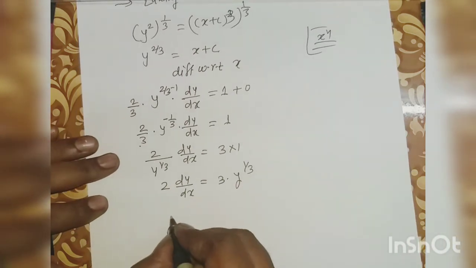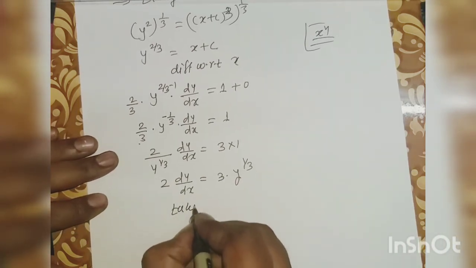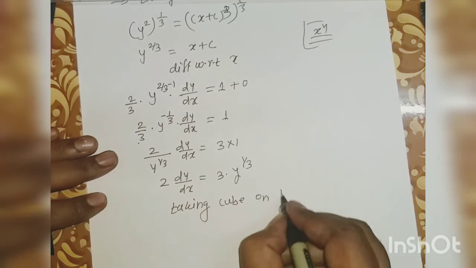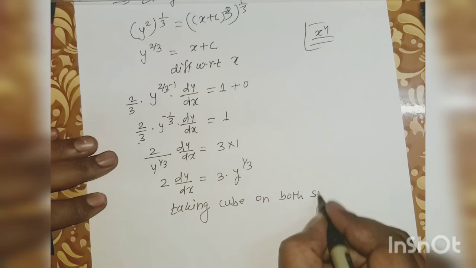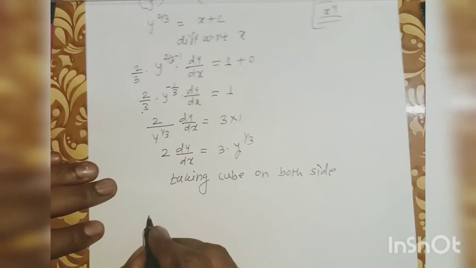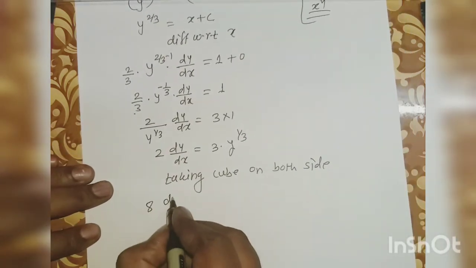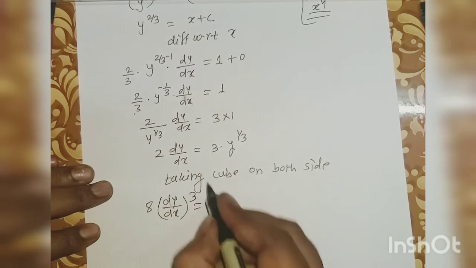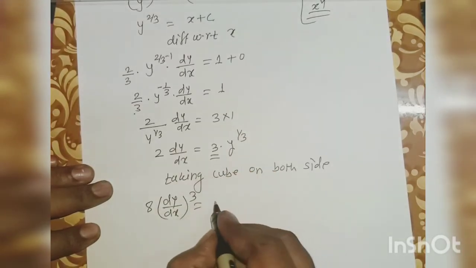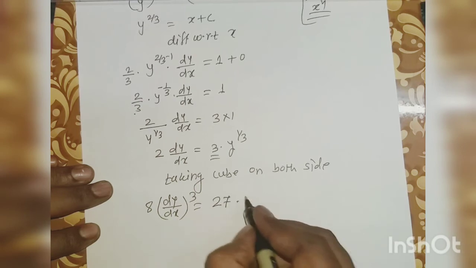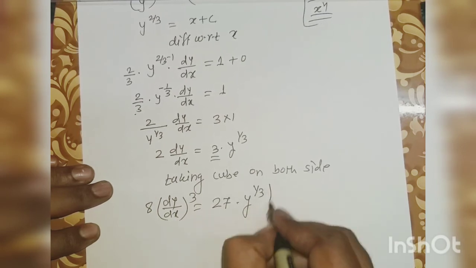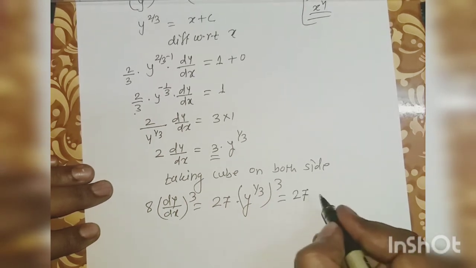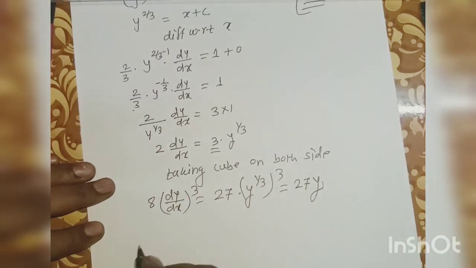Now taking cube on both sides. Then the left hand side is 2 cube, which is 8, dy by dx bracket cube, is equal to the cube of 3, which is 27, into y raised to 1 by 3 raised to 3, which is 27y.